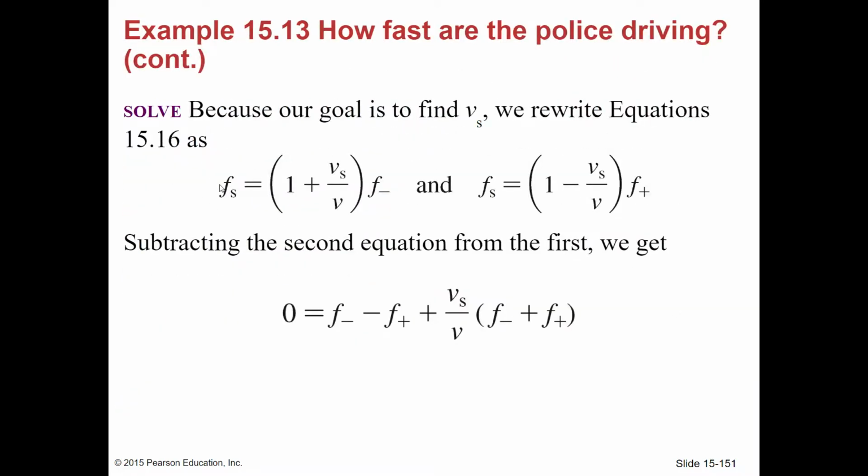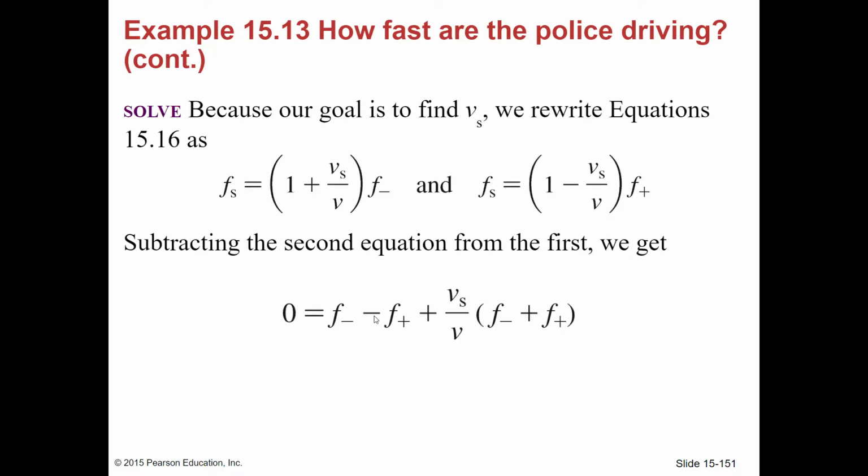So we rearranged the equations, and now we subtracted them, so Fs and Fs subtracted would be 0. We distribute all this stuff, and we get F minus minus F plus plus Vs over V, multiplied by all that stuff. And we see that this right here is going to be in there, and this right there is going to be right there. So that's how we get this.